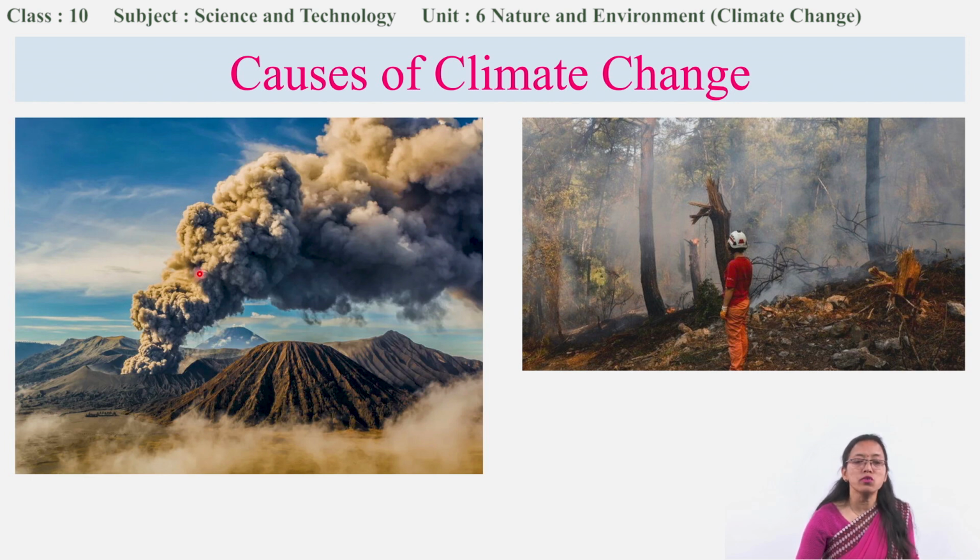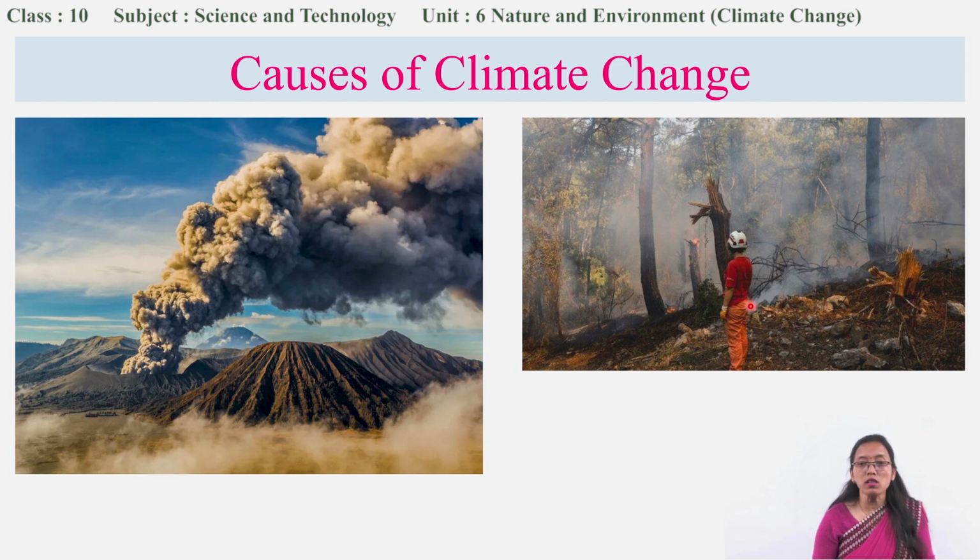So this is the natural cause, and this one is human-made. Humans are inviting this climate change by their activities, like deforestation done by human beings, forest firing, even many things. What our activities are in everyday life is also reflected in the climate, which causes climate change.